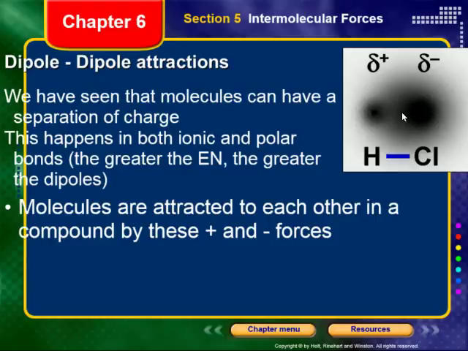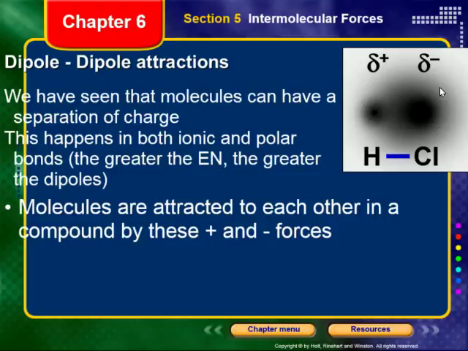So these dark blobs right here represent electron density or the size of the electron cloud. This is a lot more dense, a lot larger. There's a lot more negativity coming out of chlorine, and we would expect that because chlorine is much more electronegative than hydrogen.